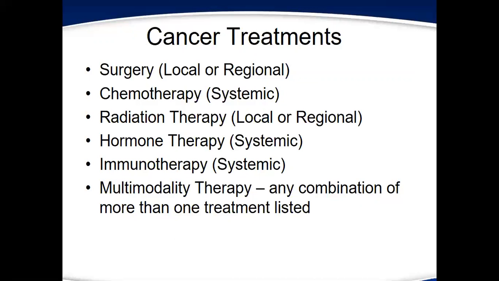The major therapeutic cancer treatments are surgery, chemotherapy, radiation, hormone therapy, and immunotherapy. Okay, chemotherapy, hormone therapy, and immunotherapy are what is referred to as systemic therapy, which just means that the whole body is being treated or affected by that treatment. Surgery and radiation are considered local or regional therapy.